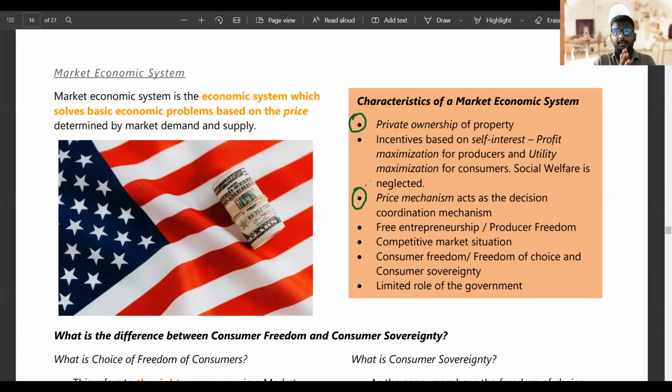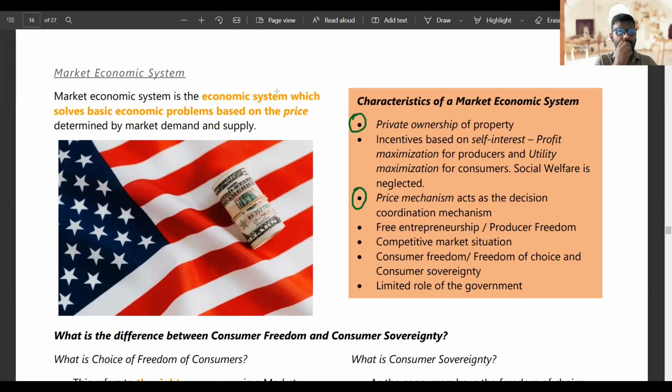But necessarily that's not always the case. It's not a must. When there is private ownership, there should always be price mechanism. There's no law like that. Commonly, this is what you see. Market economic system is where price mechanism makes the decisions, and in that economic system, resources will normally be owned by private parties.